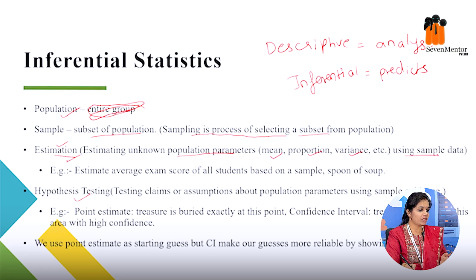Whenever we deal in inferential statistics, we always go initially with the sample data. Last time, as I told you, we can't go with the whole population.